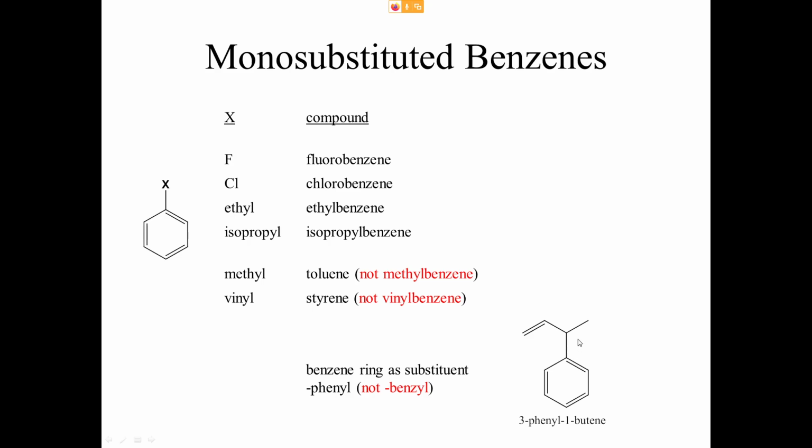Lines are just bonds. Just like there's no carbon here, there's one at the end. So it's 4 carbons in a row, and the ring is attached at number 3. This line just represents the attachment, the bond. If there was another carbon, it would come down like this, and then we'd be over here at the benzene ring. And in fact, that's what we would call benzyl, but we'll get to that later.